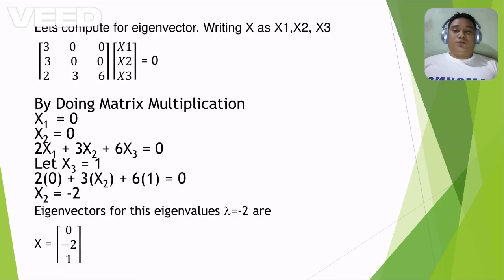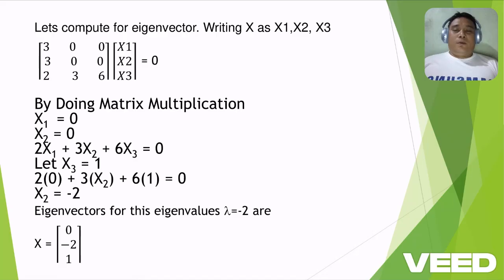Then row 2 has no x2 either, so we get x1 again. In row 3, 2x1 plus 3x2 plus 6x3 equals 0. So let x3 equal 1.